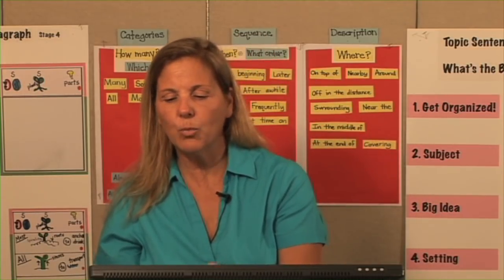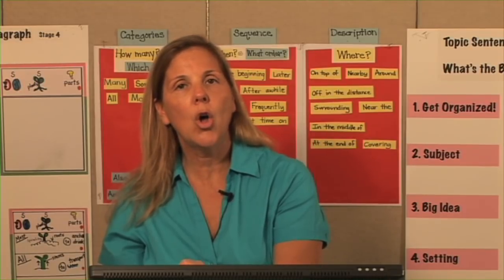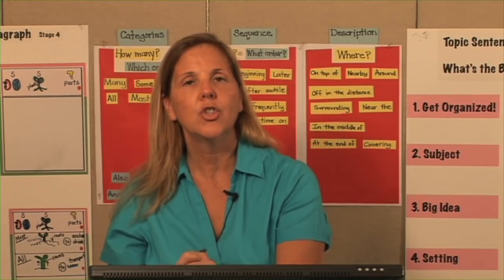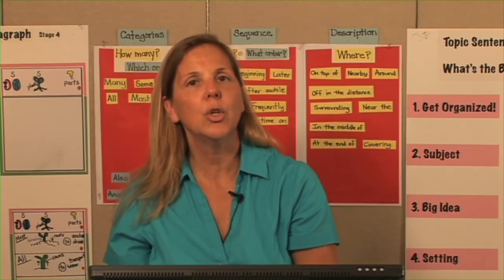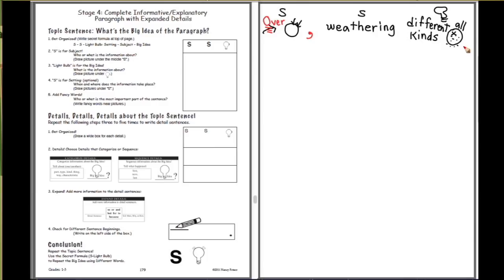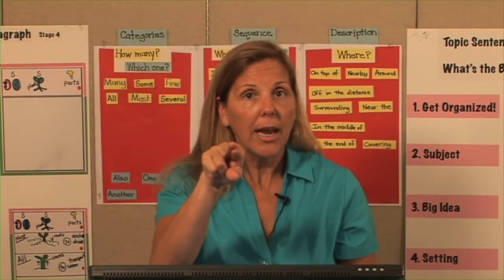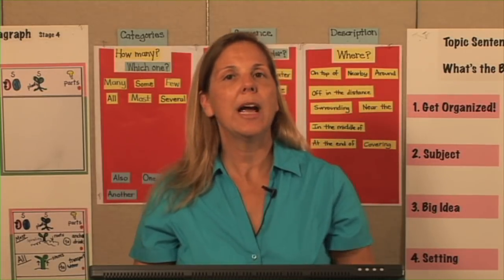The different kinds of weathering cause all sizes of rocks, all kinds of rocks to change, to disintegrate. Wow. Look at all the different ways I said the same thing. And now what do we have? Our period. That's the end of our sentence.